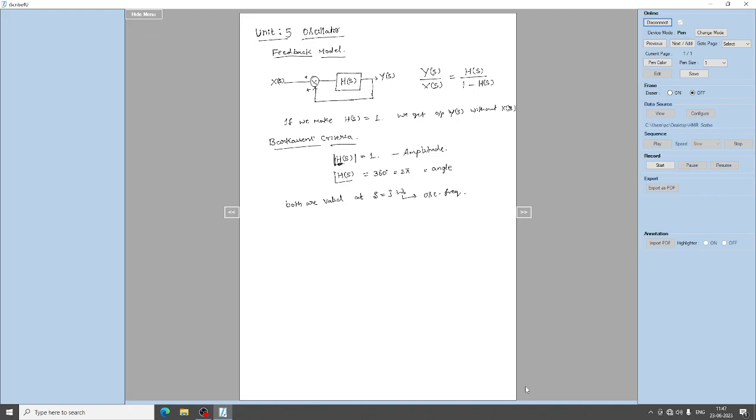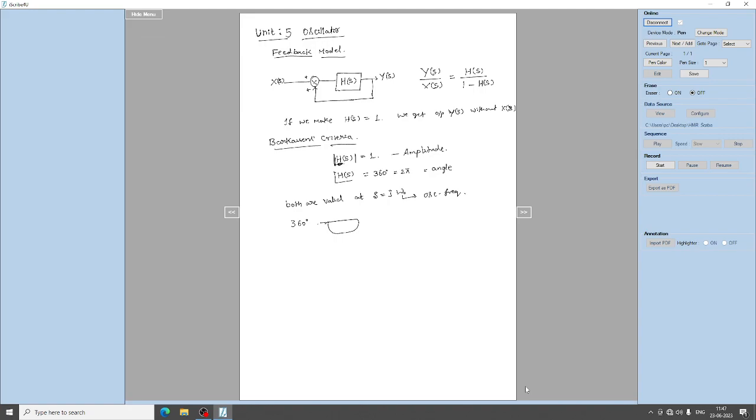Now this 360 degrees is the total phase shift from input to output and output back to the input, right? So this 360 degree phase shift that I am mentioning is the total phase shift taken from input to the output and back to the input. This should be the condition, right?